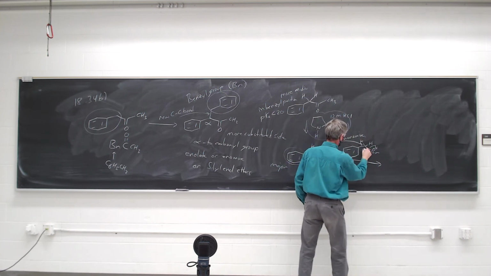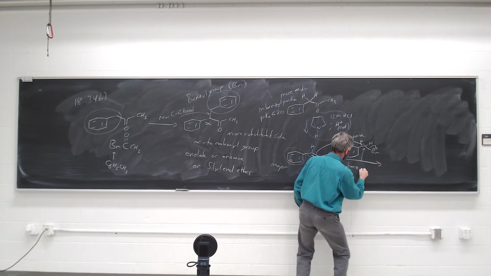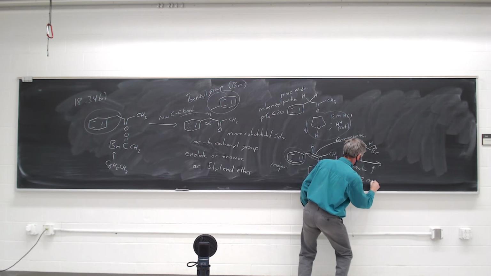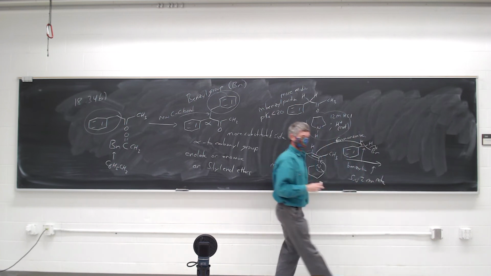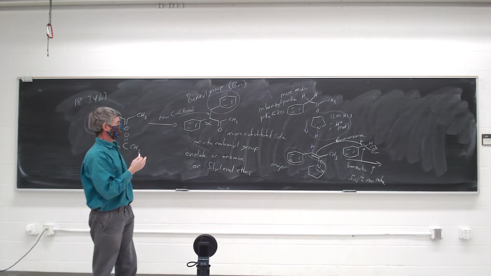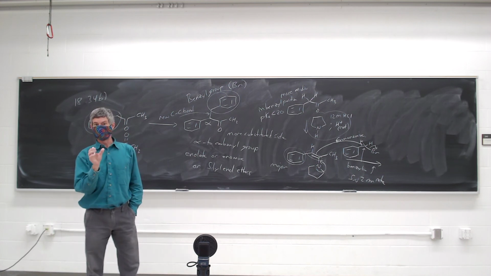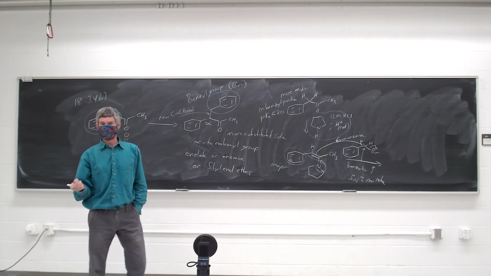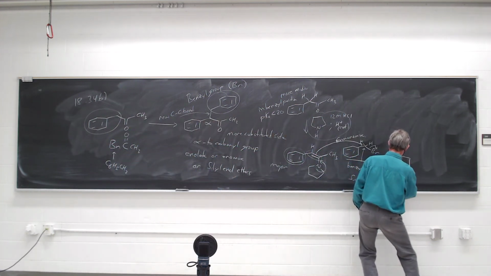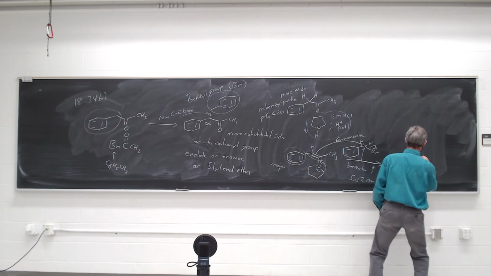And because this is also a benzyl position, that SN2 reaction rate is enhanced, again, by overlap between the pi orbital in the benzene ring and the transition state. So we get a really nice reaction to put that benzyl group on here.